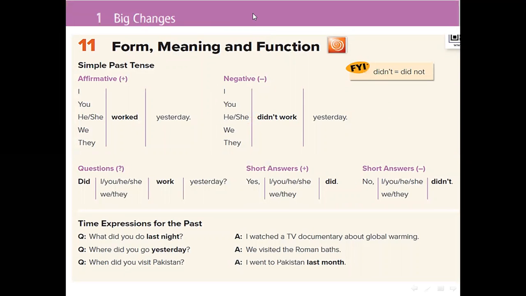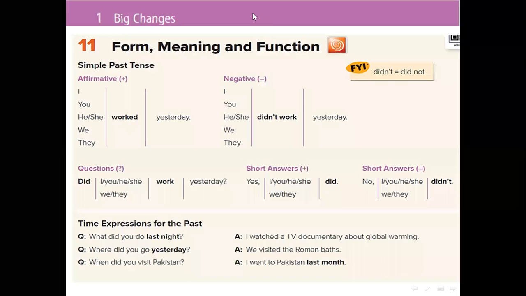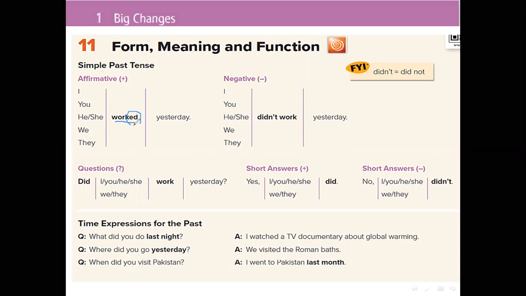The first tense for today is simple past tense. How to form simple past tense? We use the verb in the past form. It may be regular verbs or irregular verbs. Like work is a regular verb, so we will add ed.